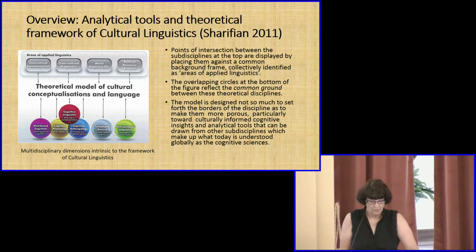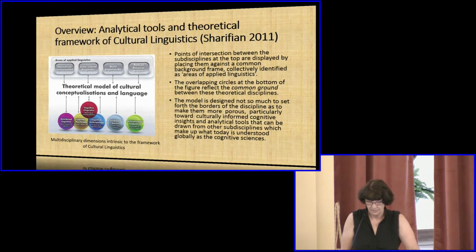And we note that the model is designed not so much to set forth the borders of the discipline as to make them more porous, particularly toward culturally informed cognitive insights and analytical tools that can be drawn from other subdisciplines which make up what today is understood globally as the cognitive sciences.